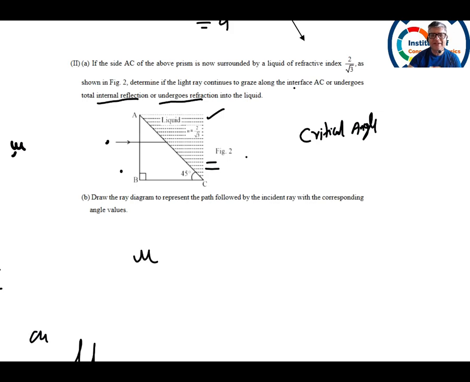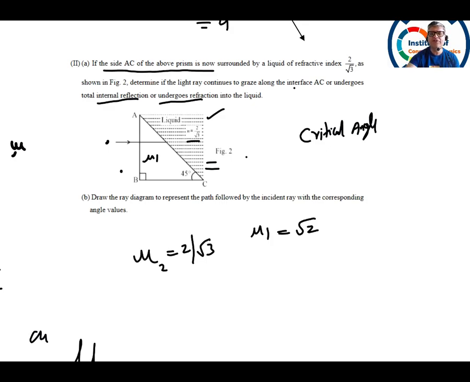The refractive index of the medium in which you're entering, where you may be refracting, medium 2, is 2 by root 3. You can see, right? You've kept a liquid. And the first medium is mu1, and in this medium your refractive index is root 2. How do you know? We found this from the previous question.